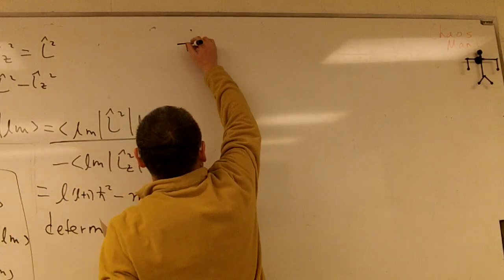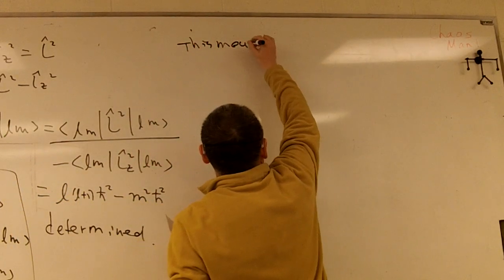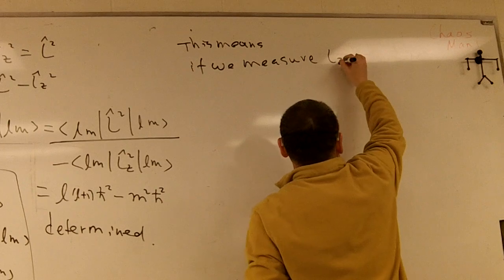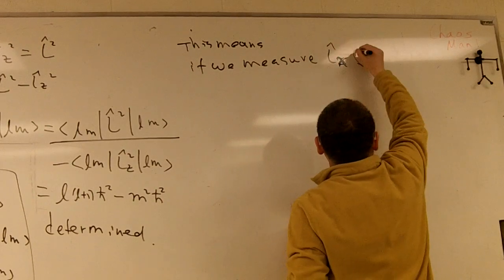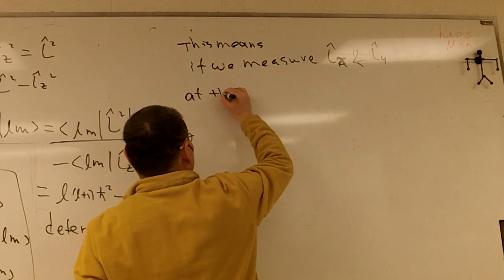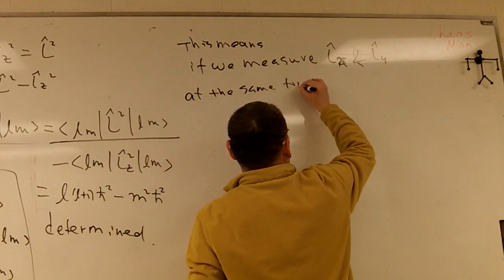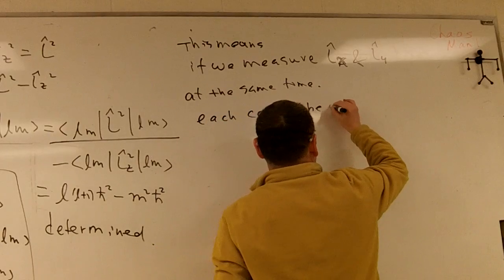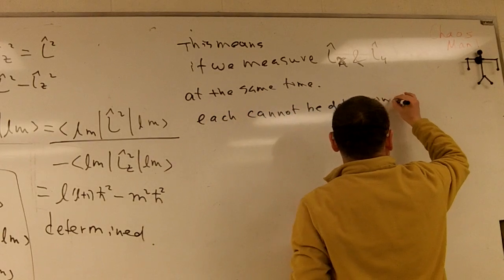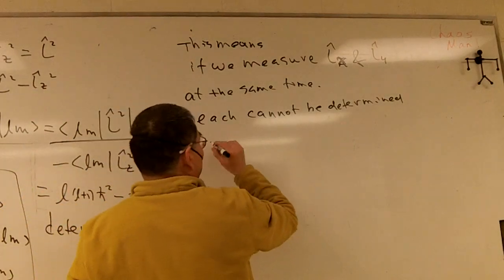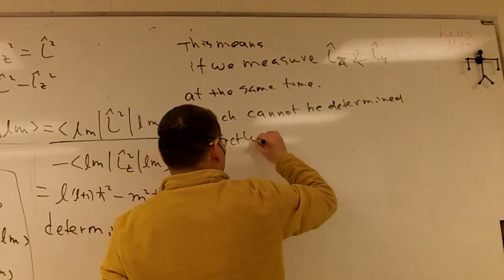This means that if we measure L_x, not L_z, forgive me, and L_y at the same time, each cannot be determined without any uncertainty.